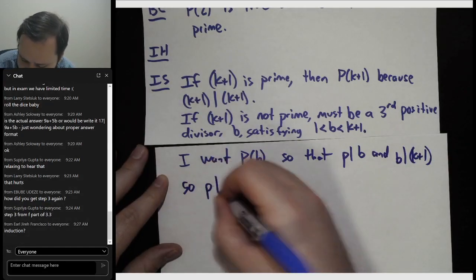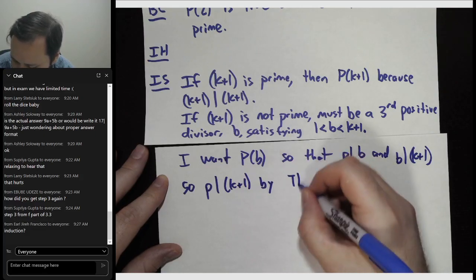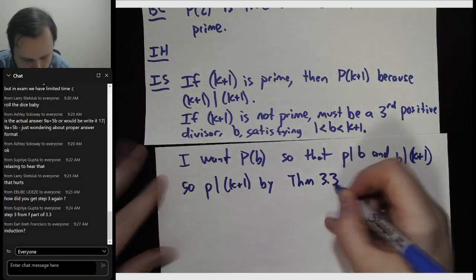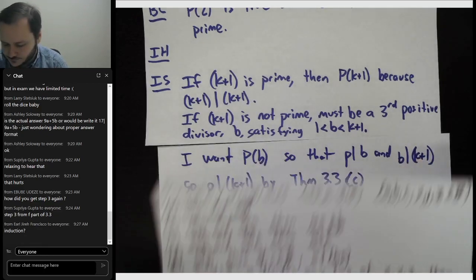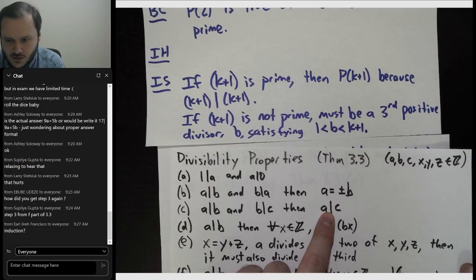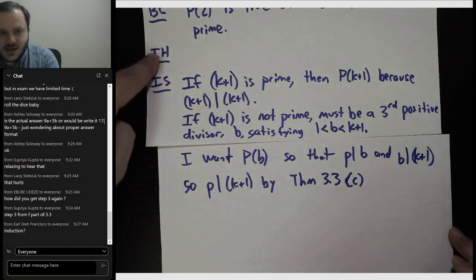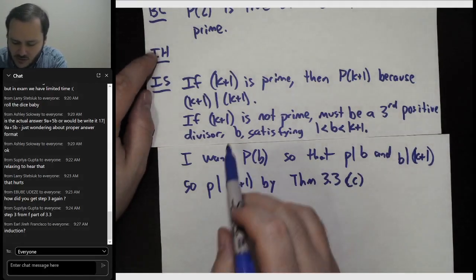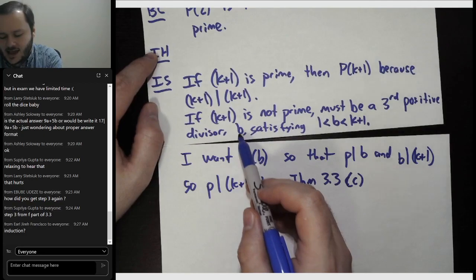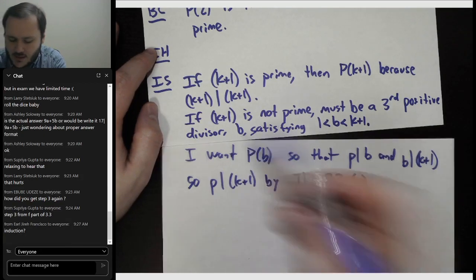So P divides K plus 1 by theorem 3.3 C. Right, that's what I want to be using. So in order to make that happen, my induction hypothesis, I need to be using strong induction. Right? B is not necessarily K. In fact, I know it's not K, if you think about it carefully.